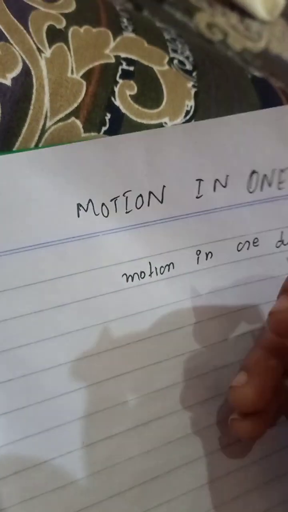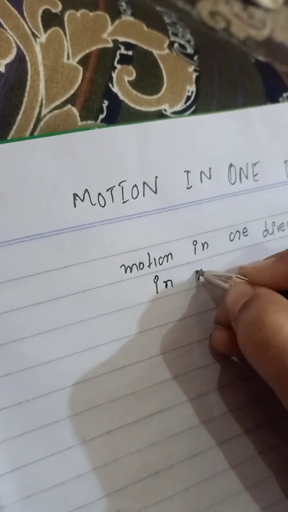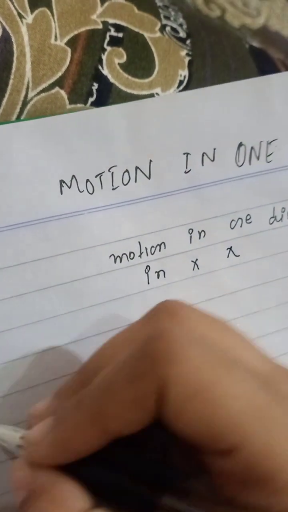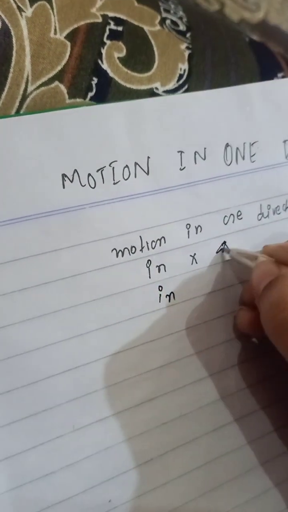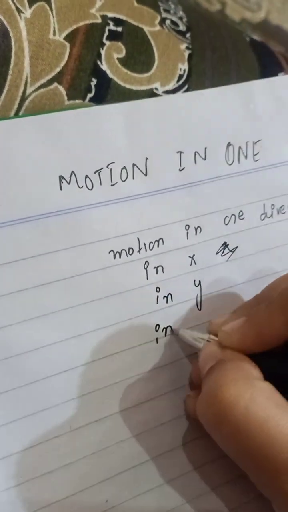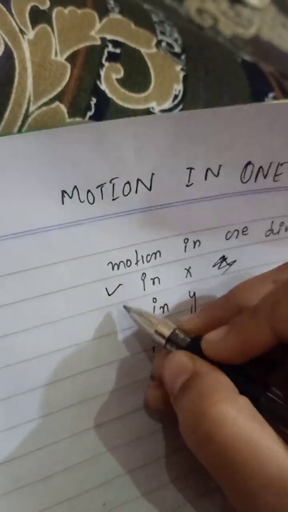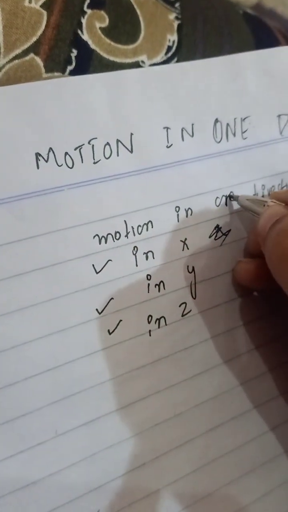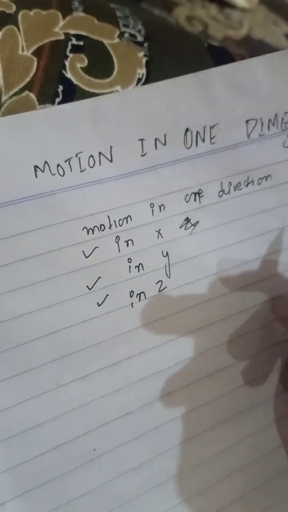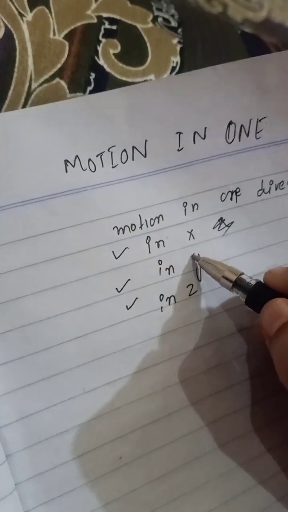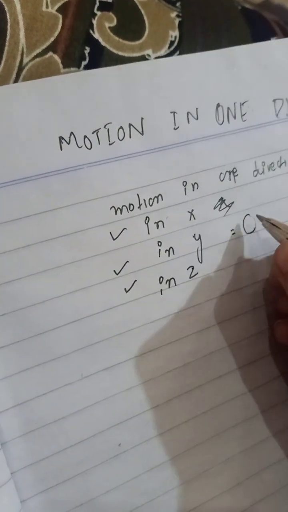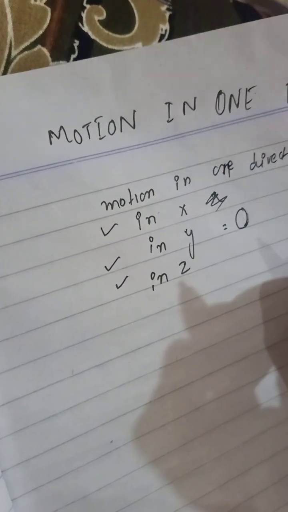Like if we are moving in x, or moving in y direction, or moving in z direction, we will be moving but in one direction. And this direction will be equal to 0.